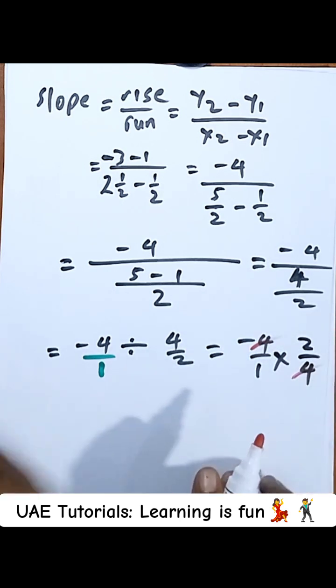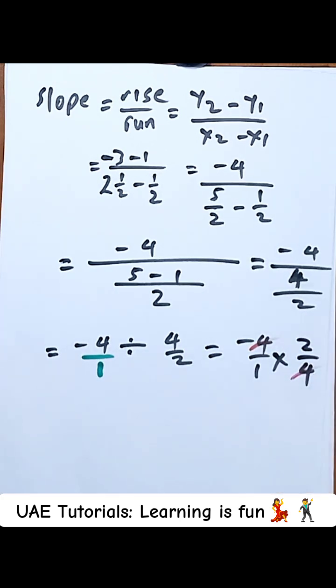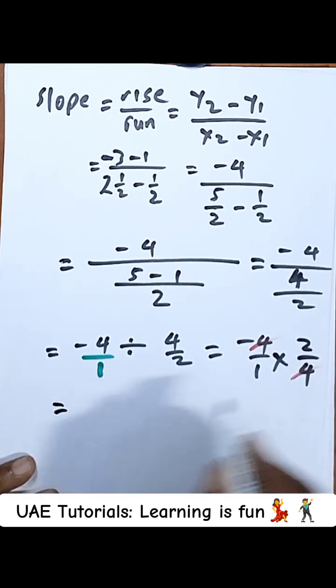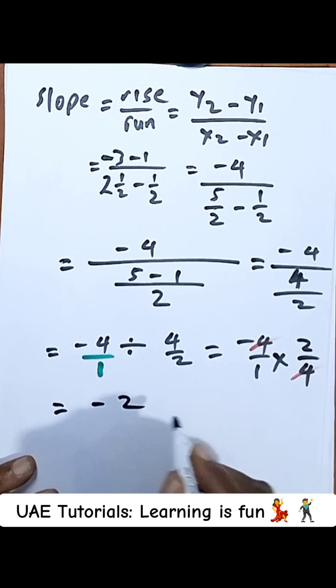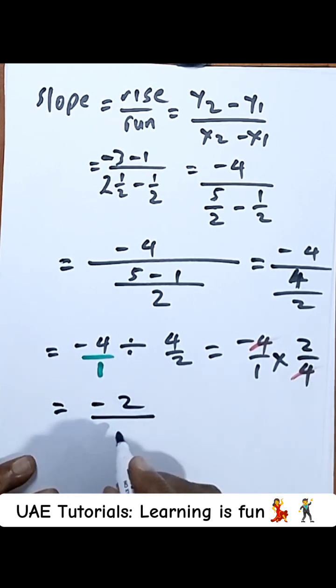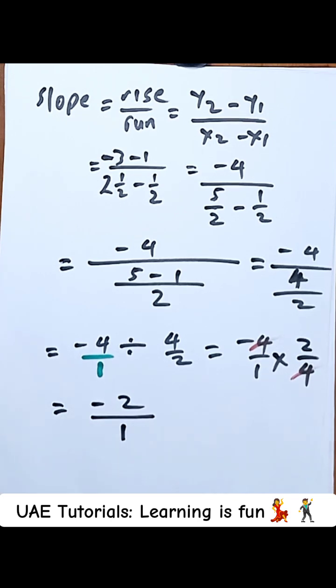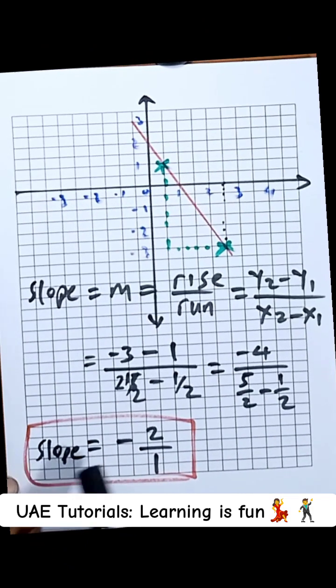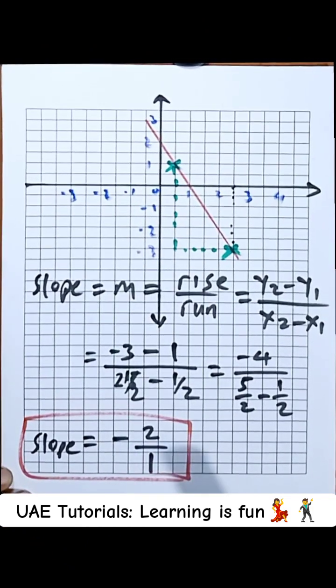And what is remaining in the numerator will be minus 2 all over 1. Minus 2 over 1. So that's the answer. So let's just bring it back to our graph. We have said that the slope is equal to minus 2 over 1.